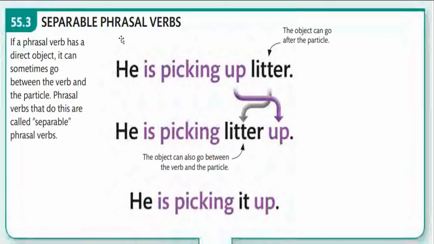The next pointer is separable phrasal verbs. Now, phrasal verbs we have seen are two words together. One is a main verb, one is a particle.